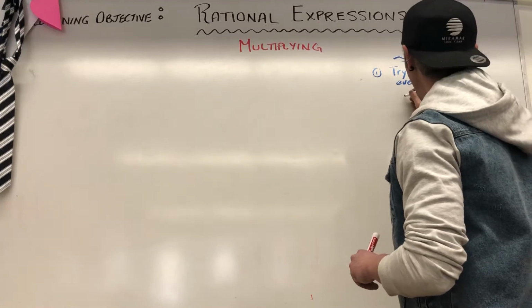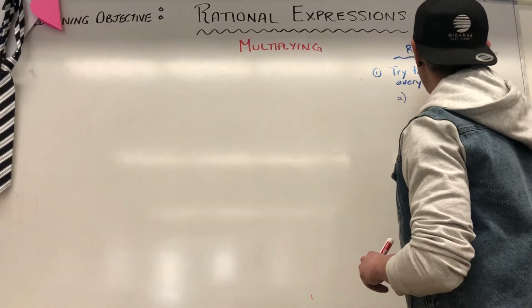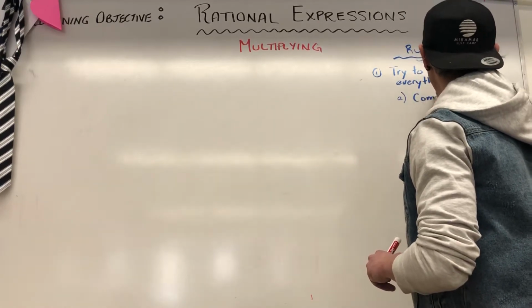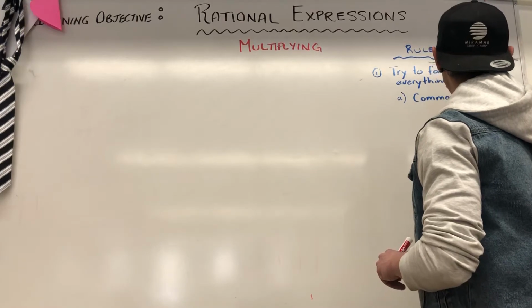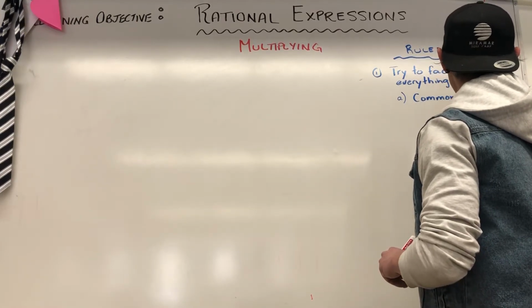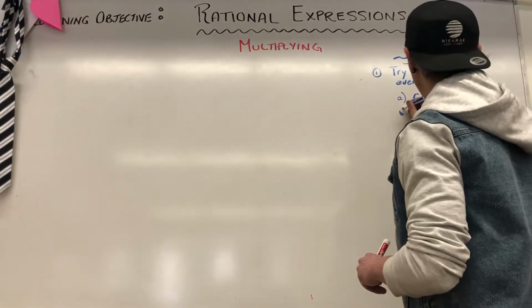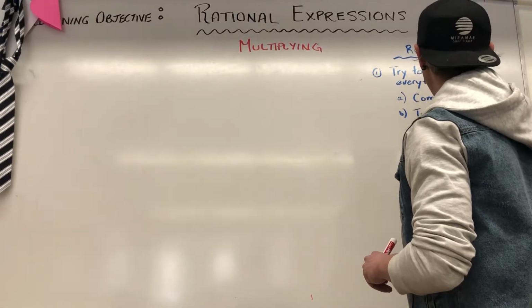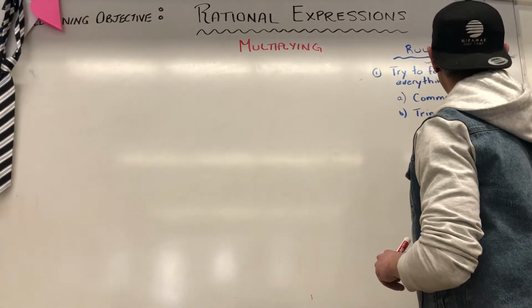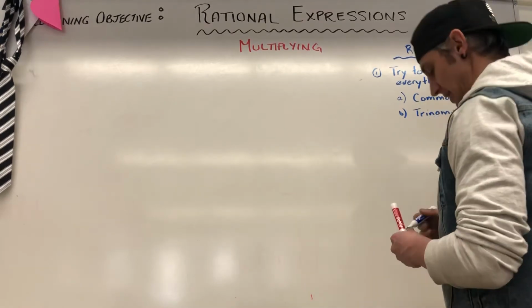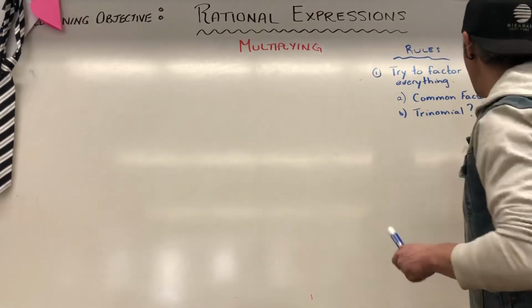And so when we're doing that, the little subset A is, we're looking for common factors first, and then after common factors, we're going to see if it's a trinomial, and if we can do trinomial factorization after the common factors.